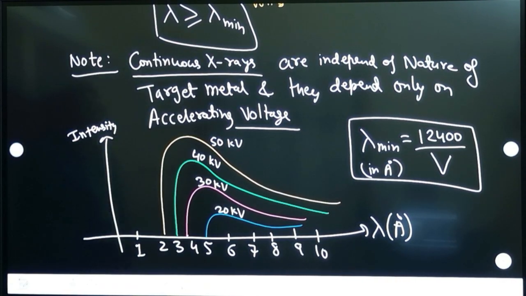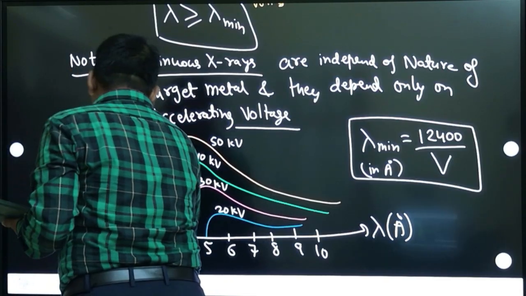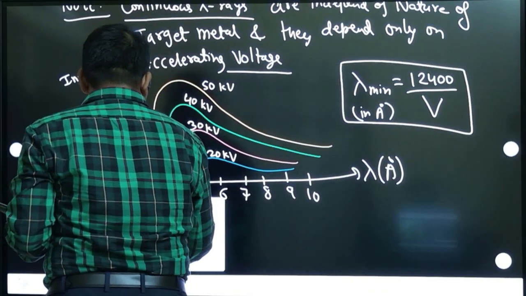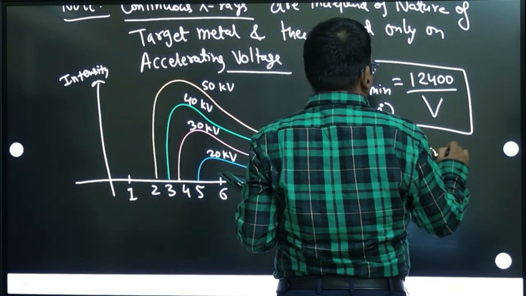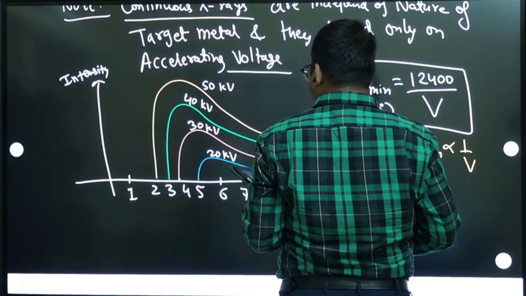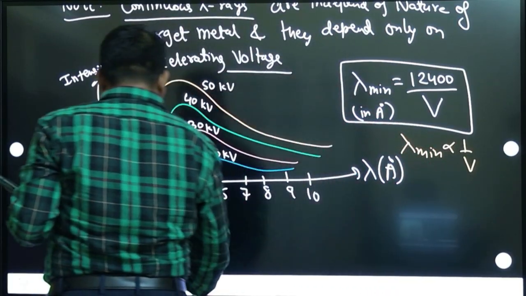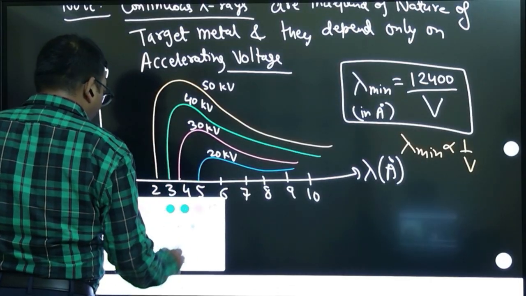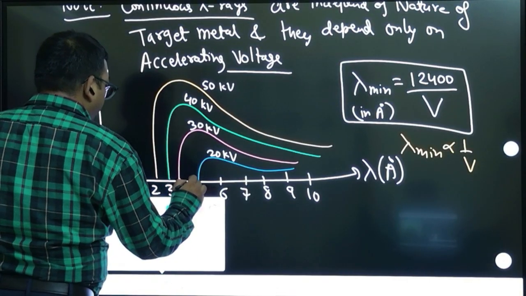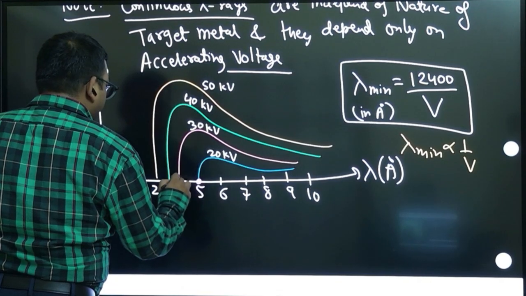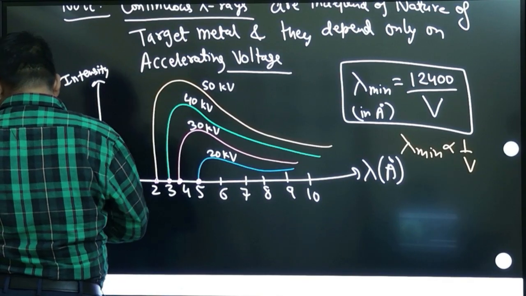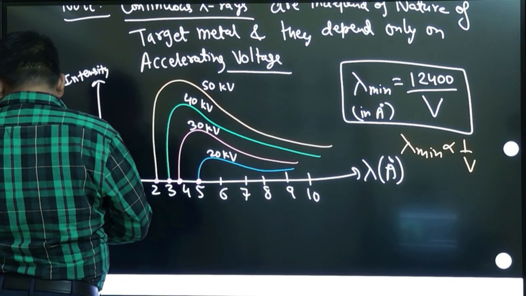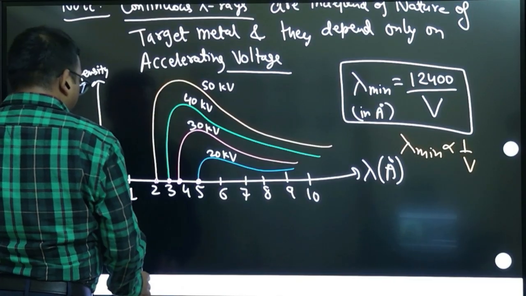So this lambda minimum is inversely proportional to accelerating voltage, proportional to 1 by V. You can see here that for each voltage this point is the minimum.